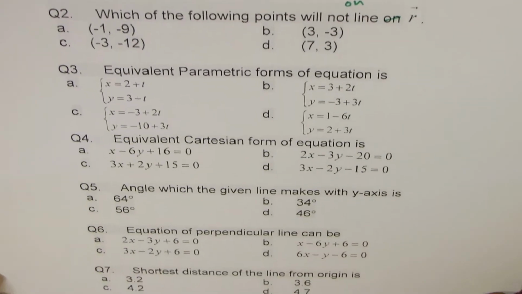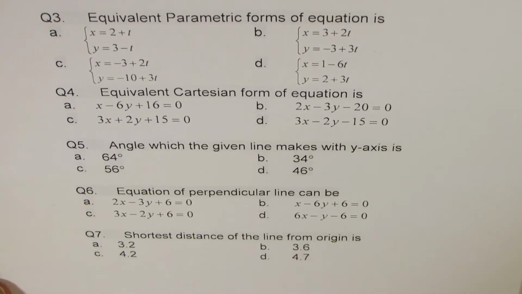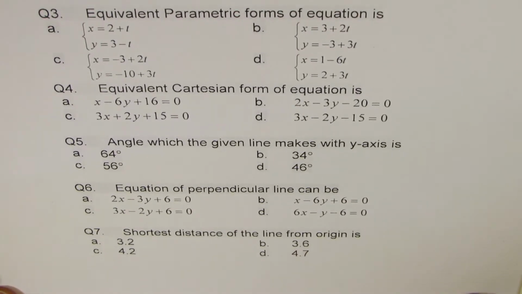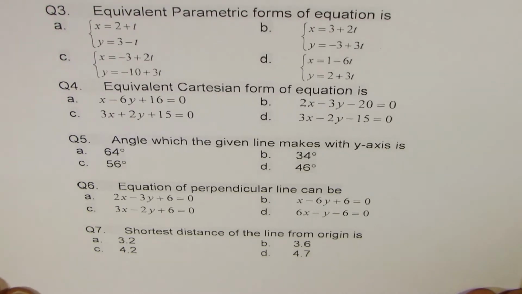Question number 5, 6 and 7 probably are visible to you now. Question number 5. Angle which the given line makes with the y-axis is. Question number 6. Equation of perpendicular line can be. And question number 7. Shortest distance of the line from origin is what?